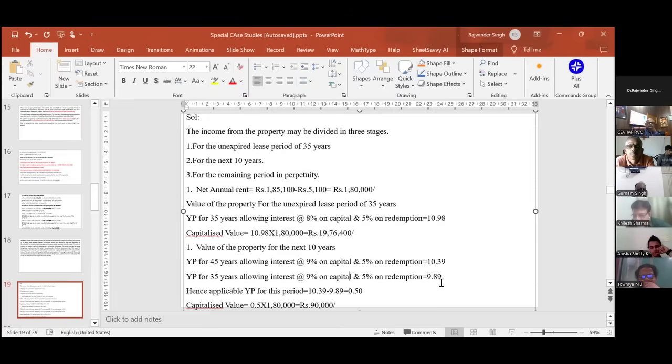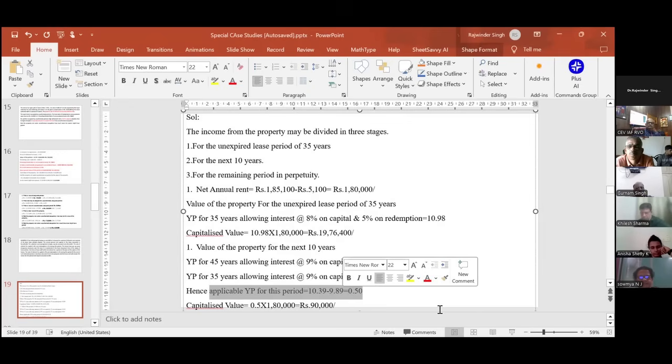For 35 years, it is 9.89. So the YP for this period will be 45 years minus 35 years. Clear?